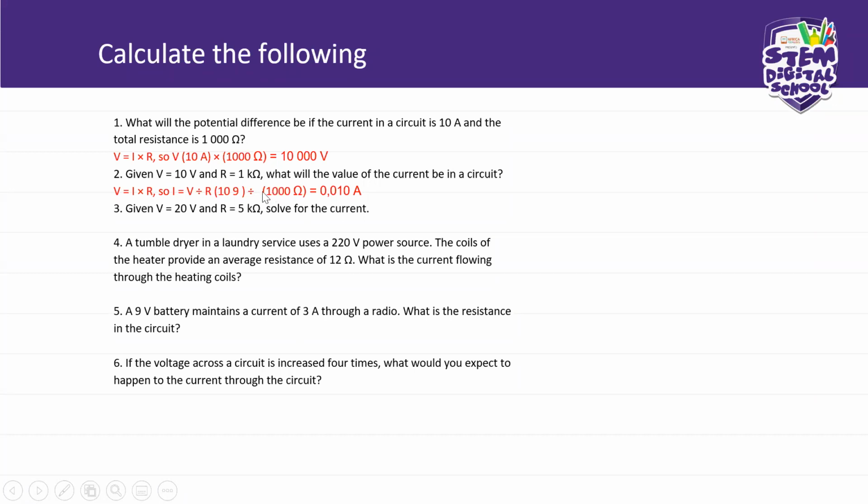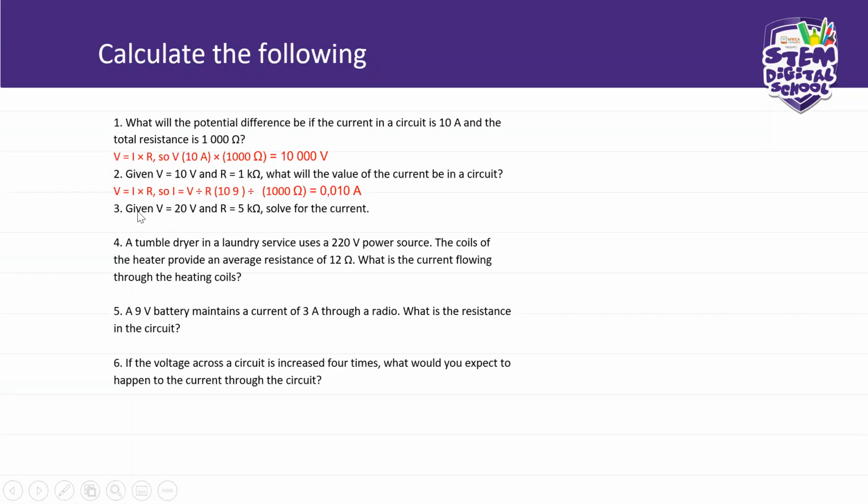All right? Your resistance is 1 kilo ohm, and the 10 V, not 10.9, it's 10 V. Okay, 10 V divided by 1,000 ohms gives you 0.01 amps.